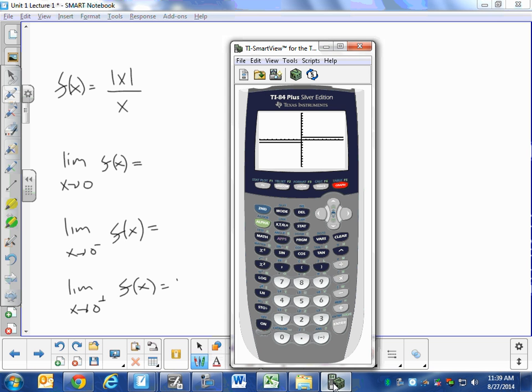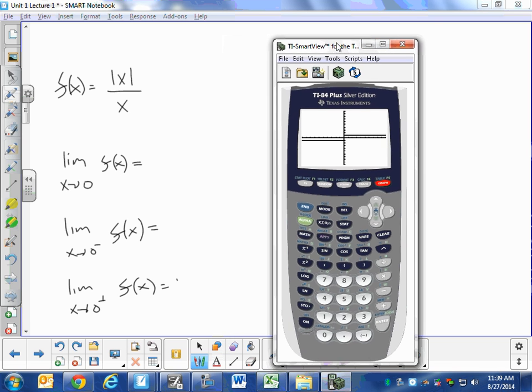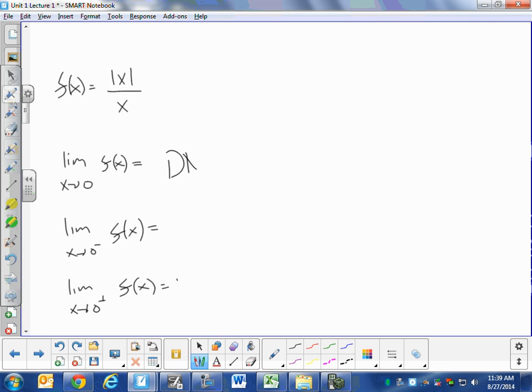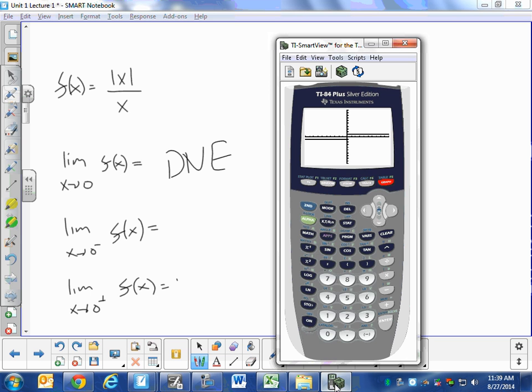And why? And what numbers do they approach? So 1 for which one? 1 for the right-hand limit and negative 1.